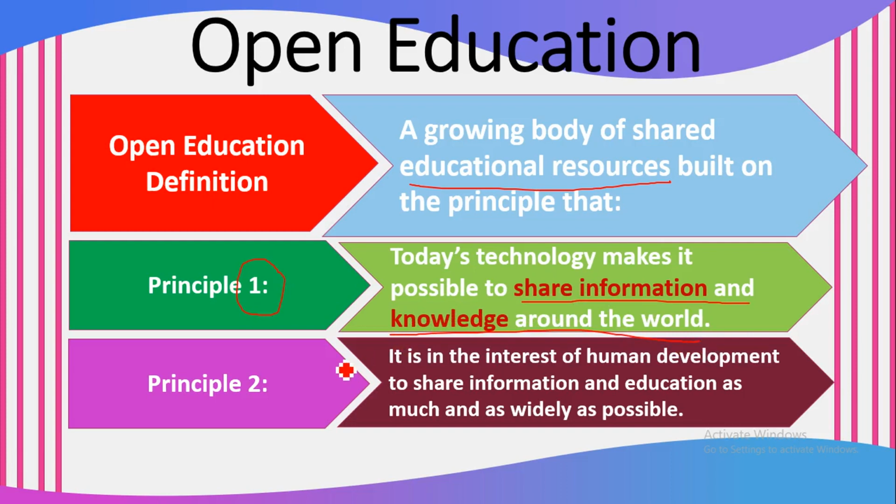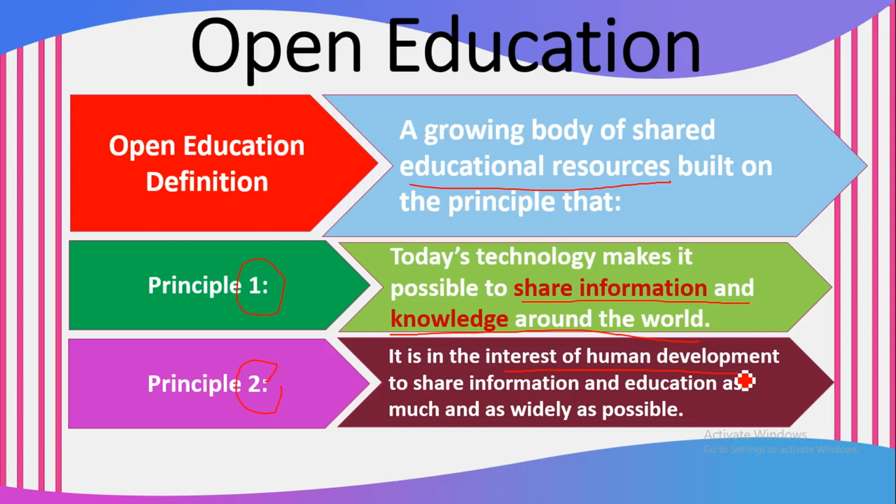And the second principle says that I must work in the interest of human development. It means that I need to share my information and education, if I'm working for open education, without having popularity or financial benefits.